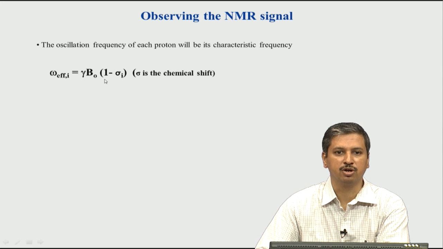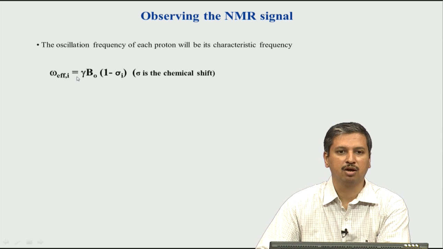So, suppose let us say sigma is 0. If sigma is 0, then omega is equal to gamma into B0, but many spins have the concept of chemical shift, which is a parameter which deviates the effective magnetic field from the B0. So, that means the spins do not all experience the same field. Let us say you take a molecule, we will come to the detailed structure later, like ethanol.